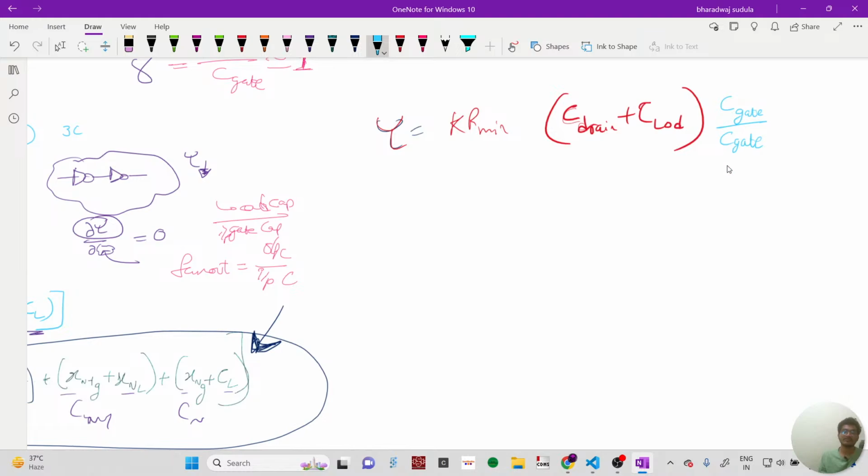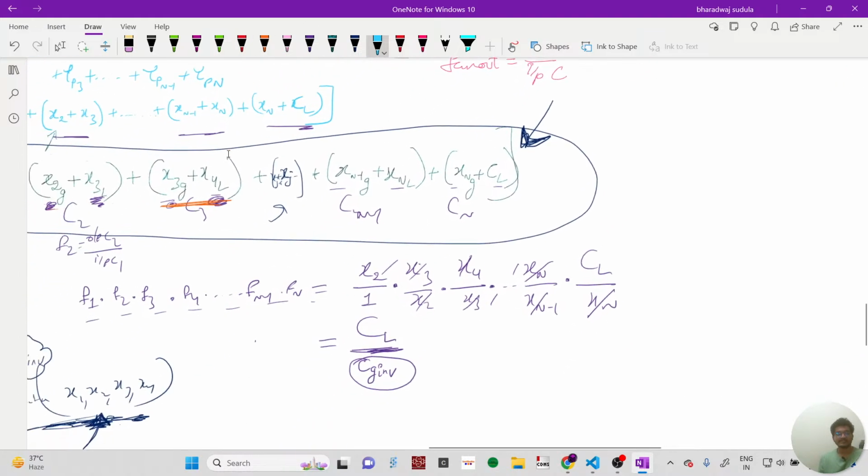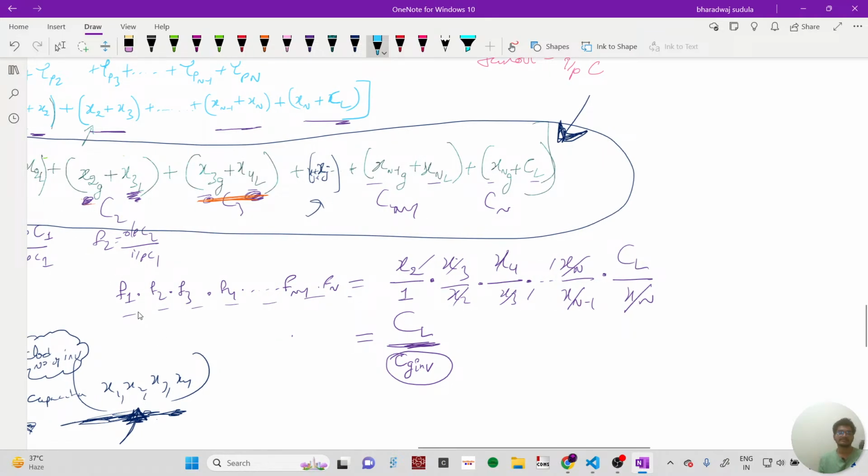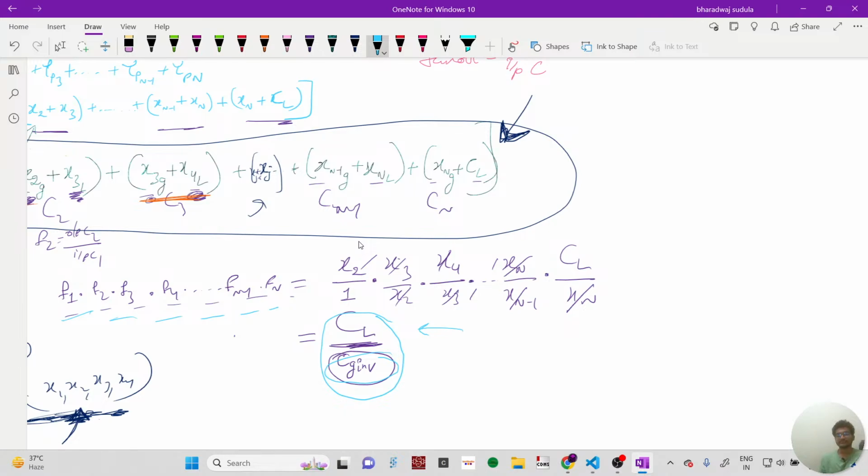I'm trying to involve these capacitances. Why? We have covered a beautiful relation that if I multiply the fan out of each and every stage, I'll get the load cap of the last inverter by the input gate cap of the first inverter. That ratio I'll get if I multiply everything. So there is something about this we can exploit to get some useful insights.